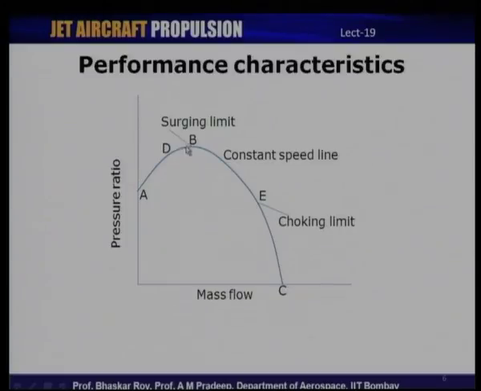What basically happens after this point is that as we keep increasing mass flow rate, there is a drop in pressure ratio, and then beyond a certain level, the maximum amount of mass flow which the compressor can discharge has already taken place, which means that no matter how much you try to increase it, the mass flow has reached its maximum level.